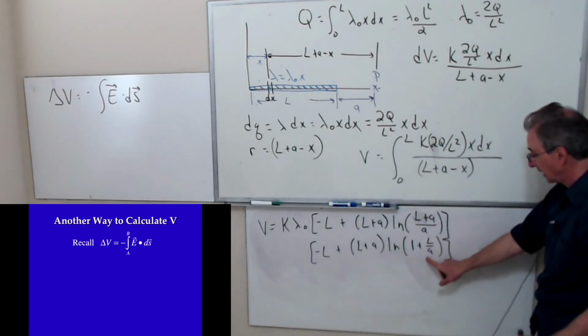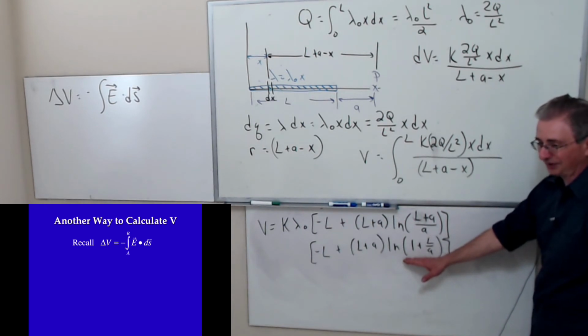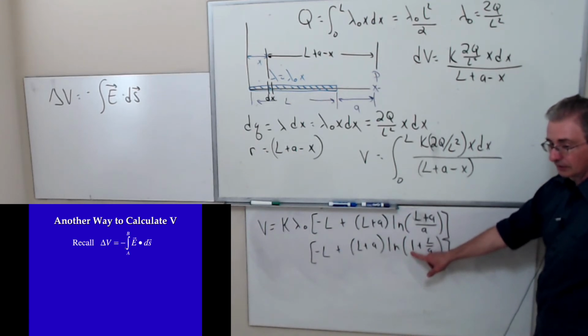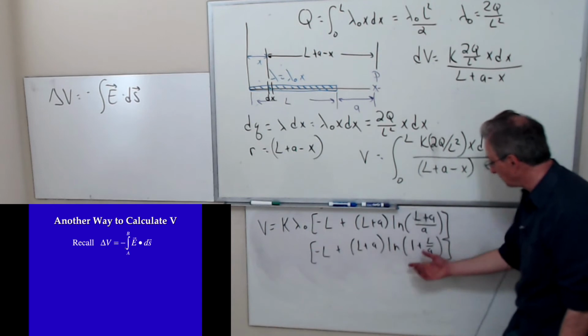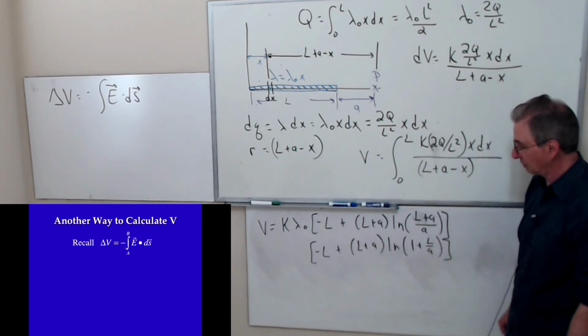I would write it like this, and then I would write an expansion for this. I would look up the way to expand this. You do a Taylor expansion about 1, and then simplify. You would keep the first non-zero term in the expansion, and then you'd see what happens.